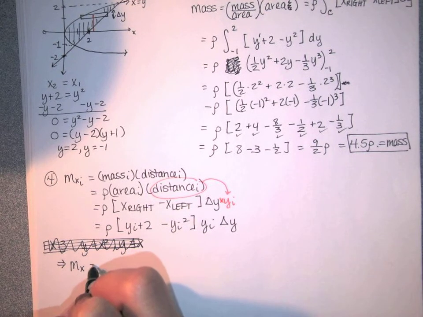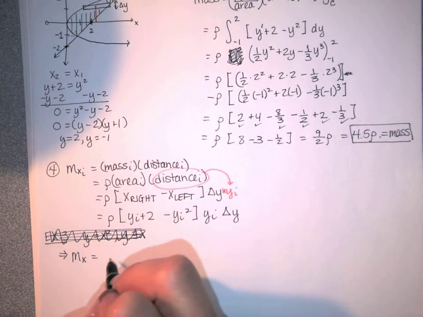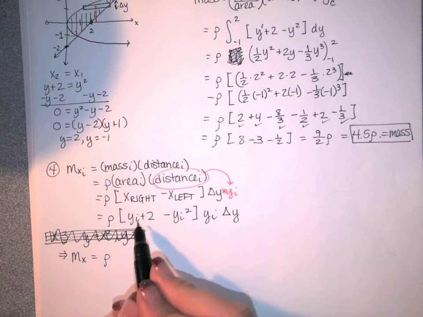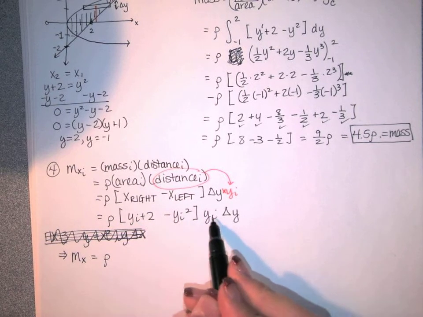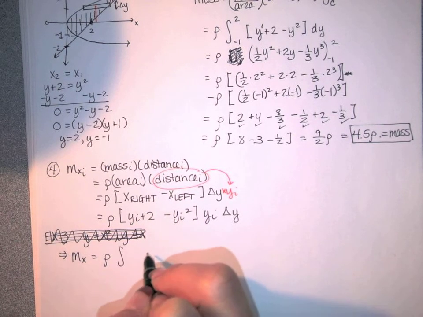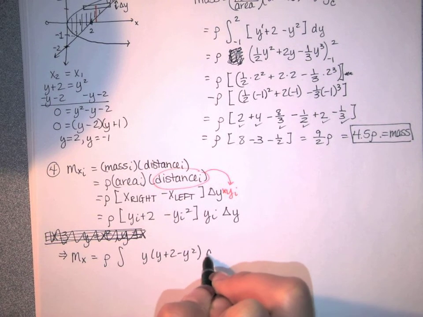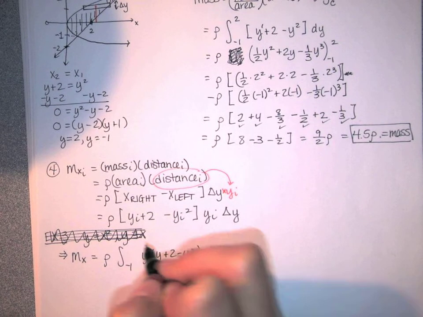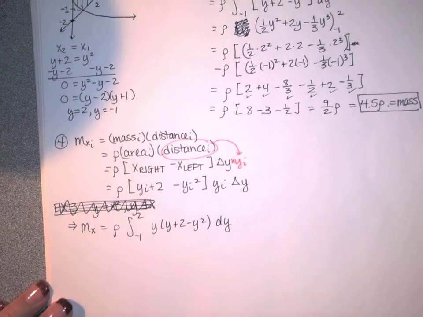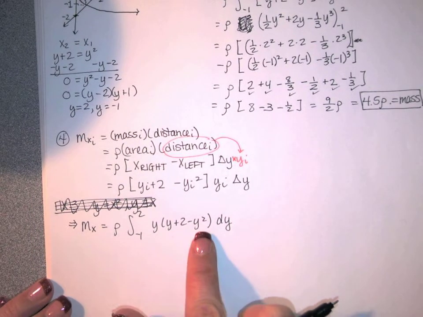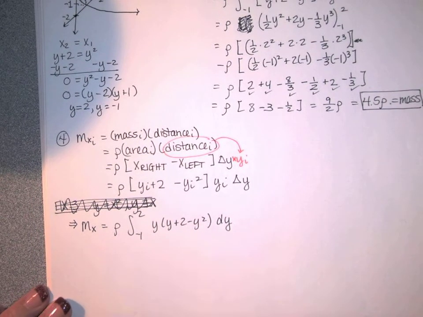So my integral for the moment about the x-axis is rho, and then I've got y plus 2 minus y squared times y. We're integrating with respect to y, from -1 to 2. And that's our right function minus left function, so that's going to come up again.